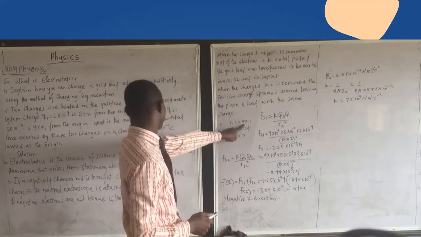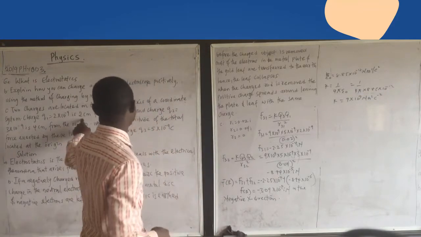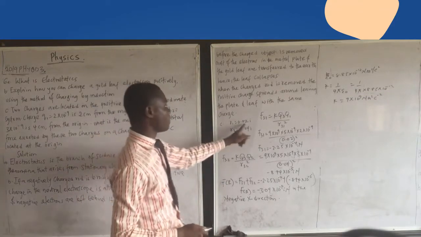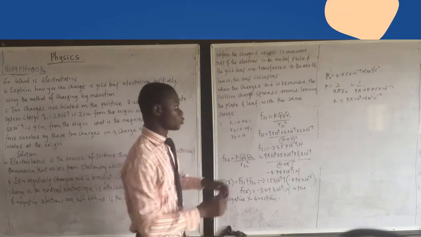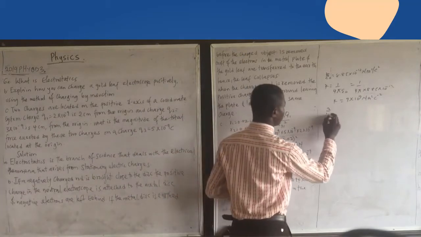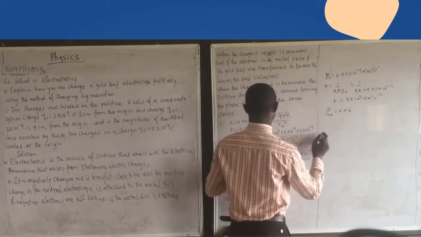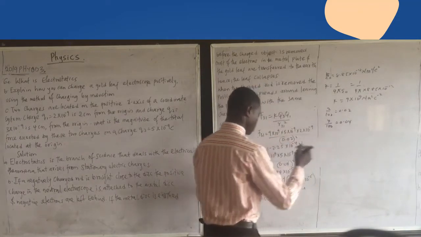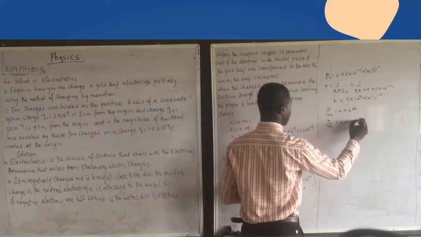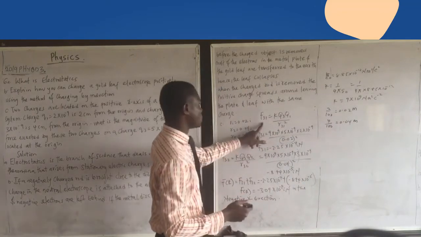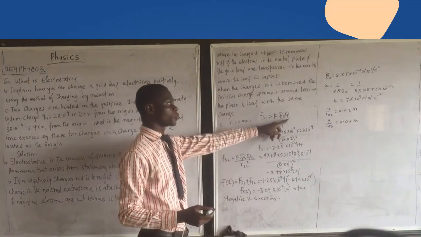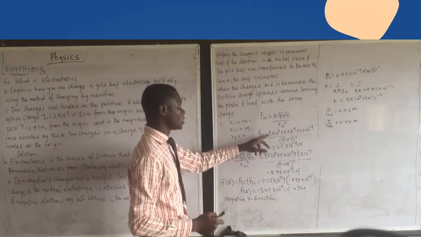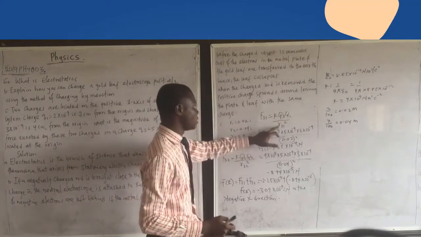So R1 is 2 centimeter here, so I converted to meter to give me 0.02. That is 2 over 100, that's 0.02. Then 4 over 100, which is 0.04 meter. So F31 is K Q3 Q1 over R31 square. K is 9 times 10 to the power 9.